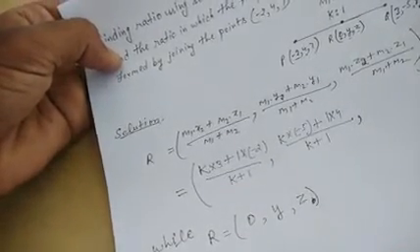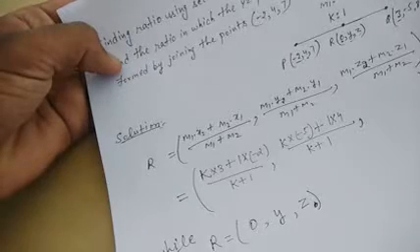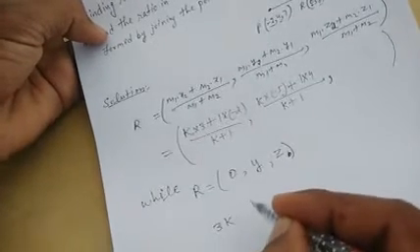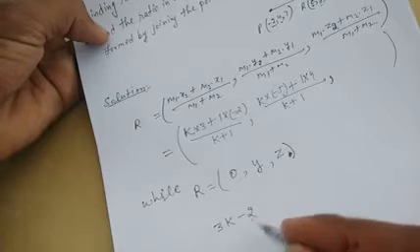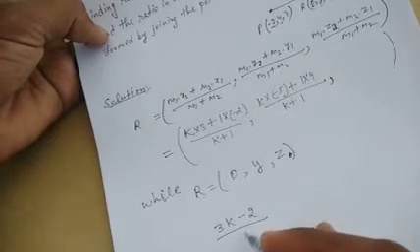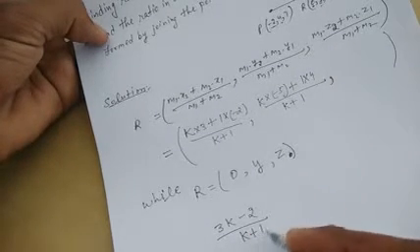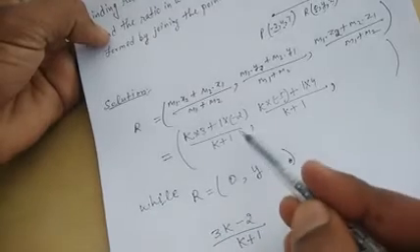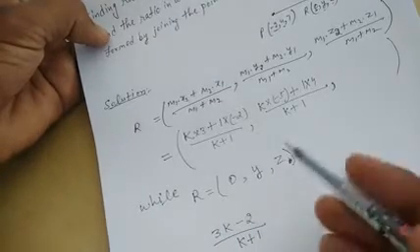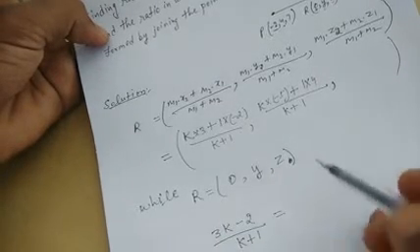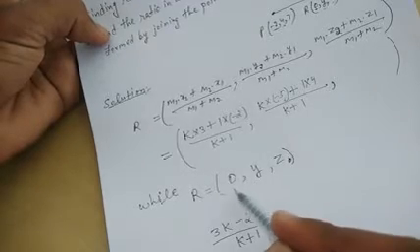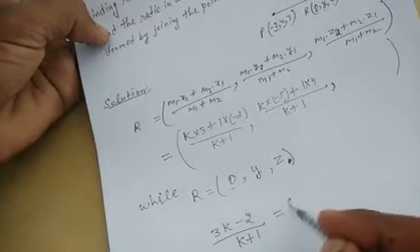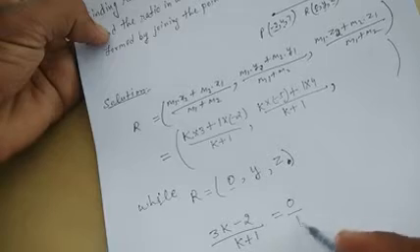From here we have (3k minus 2) upon (k plus 1), which was the value of the x coordinate in the first equation, equal to the x coordinate as given, 0. Now solve the values.